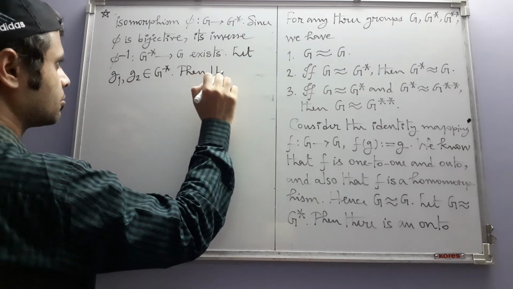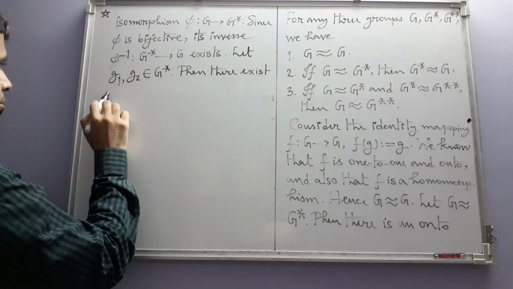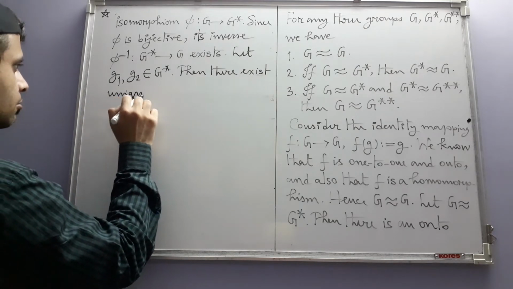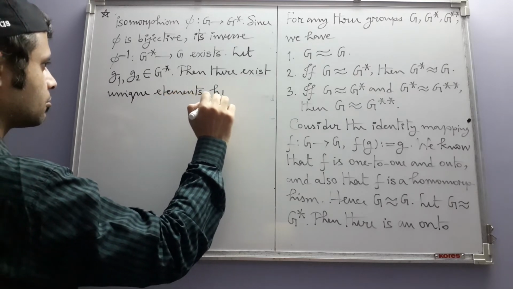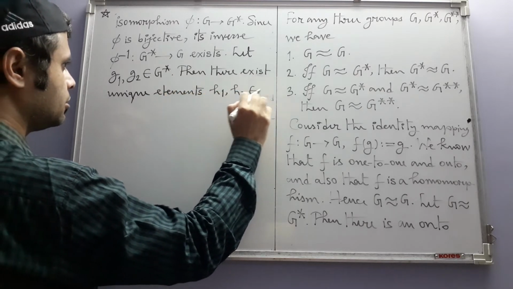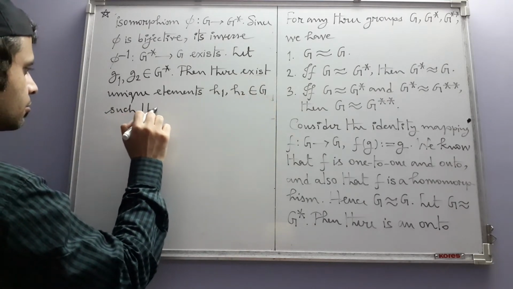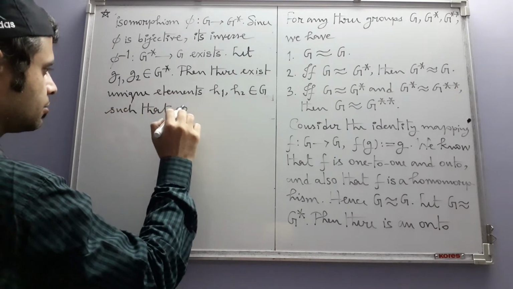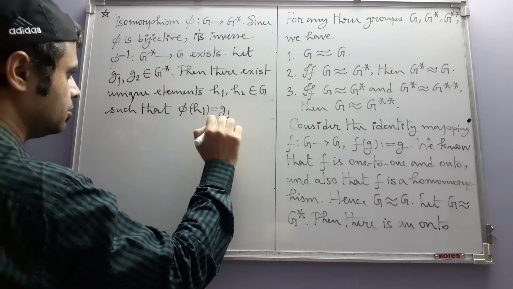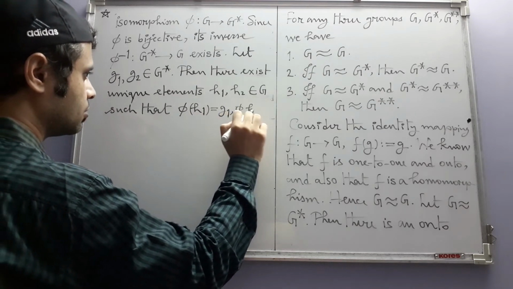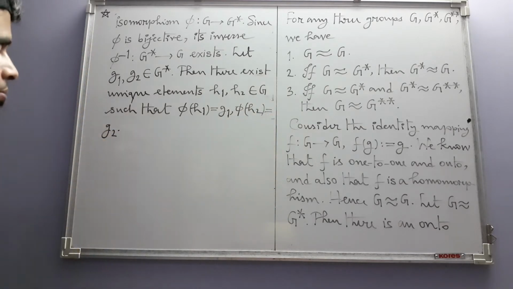Then there exist unique elements H1 and H2 in G, such that phi of H1 is equal to G1 and phi of H2 is equal to G2.